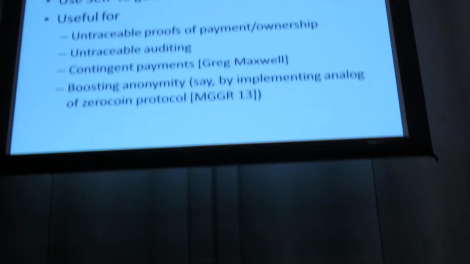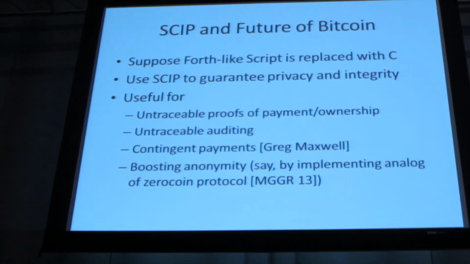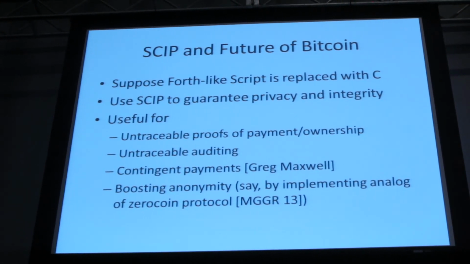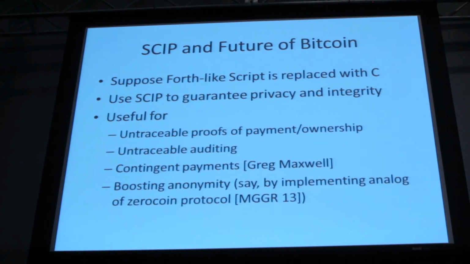And you can also boost anonymity. You all saw that there's this really spectacular work about the Zerocoin protocol, and using our system you could do similar things of anonymizing, taking a lot of coins into a big pool and distributing them in a way that you never know which coin came from which coin or went to which address.